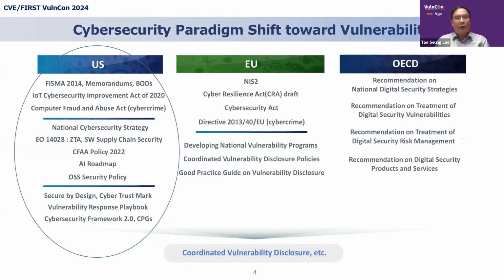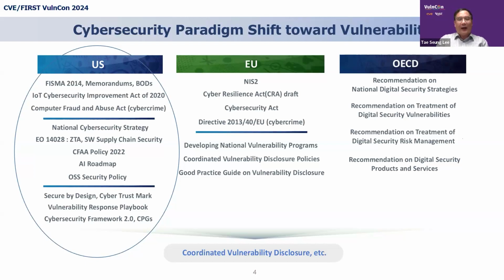In May 2022, the US Department of Justice revised cybercrime policy on charging offenses of the Computer Fraud and Abuse Act. Last year, AI roadmap and open source software security roadmap were published. The roadmaps include CVD requirements.